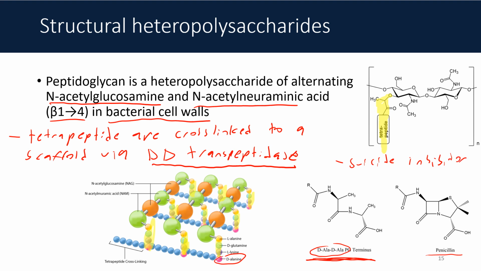And therefore, it's going to dismantle the bacterial cell wall by inhibiting peptidoglycan cross-linking. That's why penicillin, once upon a time, before antibiotic resistance, was such a potent way of killing bacteria.